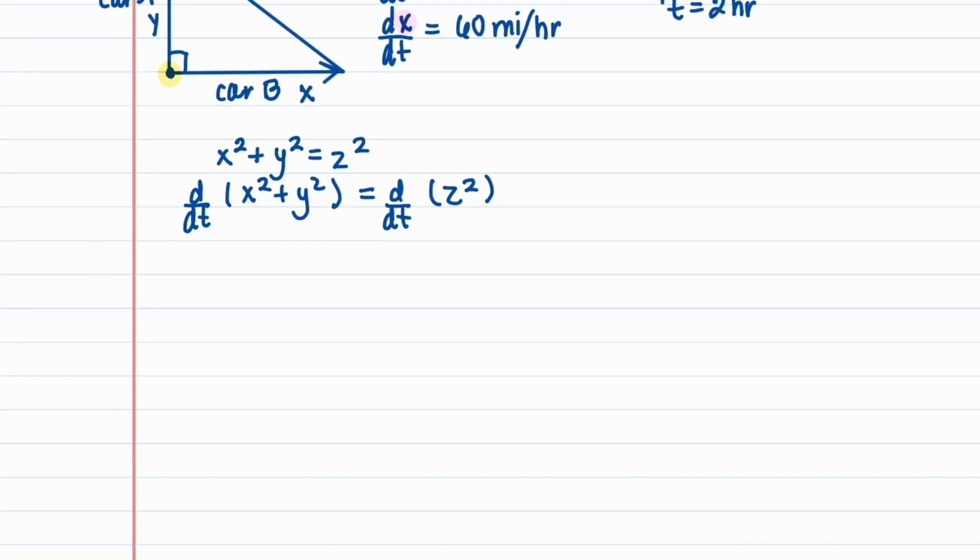This derivative is 2x times dx/dt plus 2y times dy/dt is equal to 2z times dz/dt. Let's notice that our 2's are going to cancel.